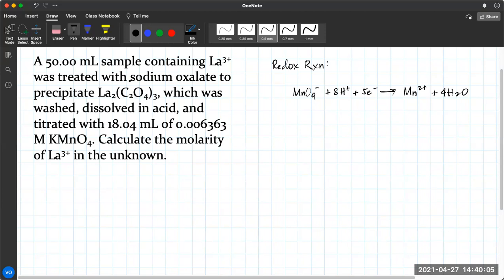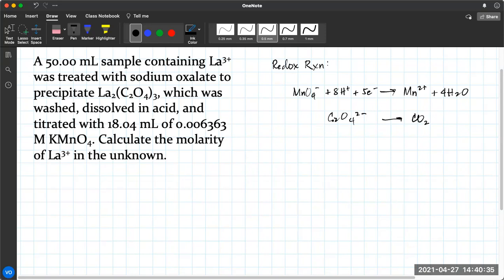Next, the oxalate will be the one being titrated, and it will undergo oxidation. So your oxalate, C2O4 2 minus, since this is in acid solution, will be converted to carbon dioxide.